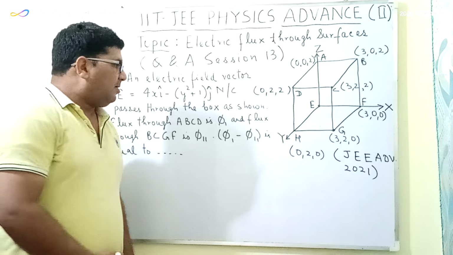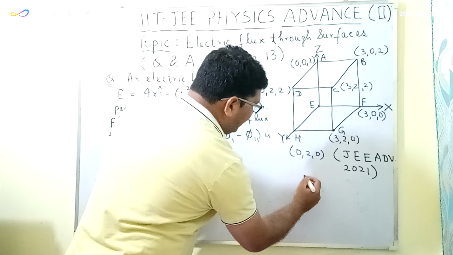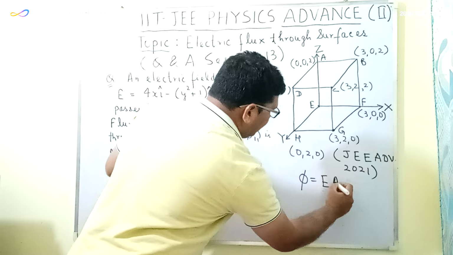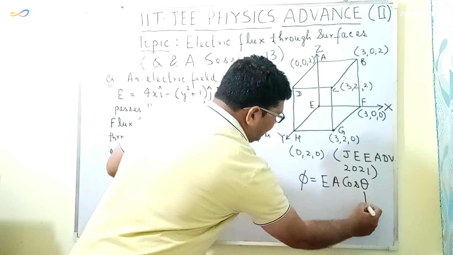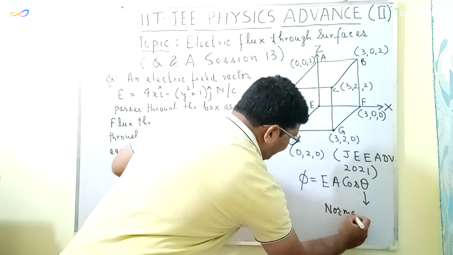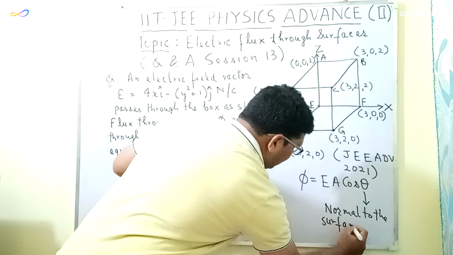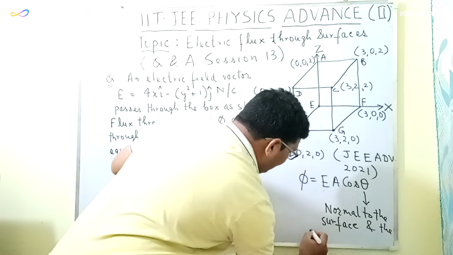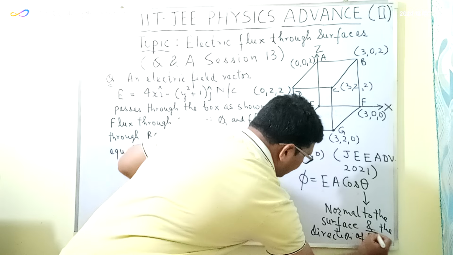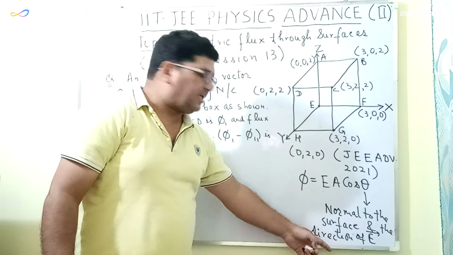So we know that the flux passing through a surface is given by EA cos theta, where theta is the angle made by the normal to the surface and the direction of the electric field.